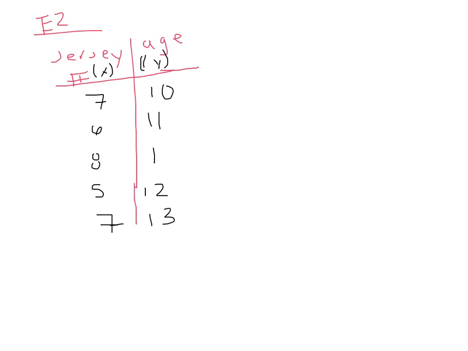First thing I'd ask you is, all right, first, tell me what is the domain and the range of this relation. So on the side right now, I want you to write out what's the domain and what's the range. Pause the video and write out the domain and the range for this table.